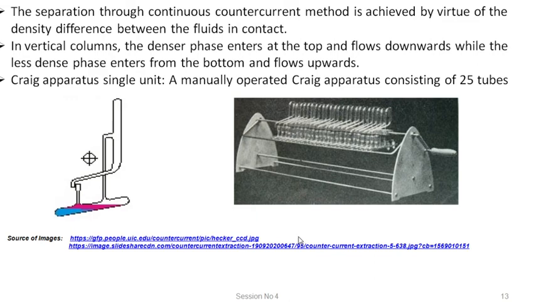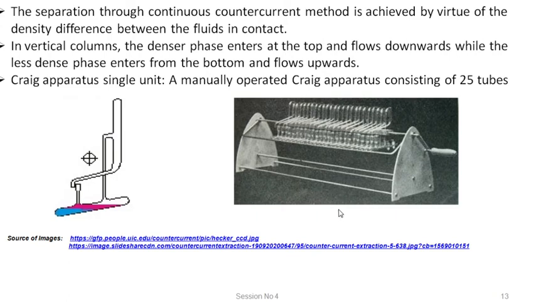So the lighter one moves upwards and the heavier one moves from top to bottom. In the vertical columns, the denser phase enters the top and flows downwards, while the less dense phase enters the bottom and flows upwards. So the Craig apparatus single unit is represented like this.